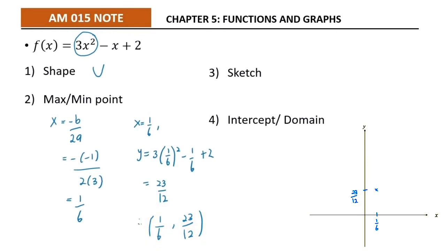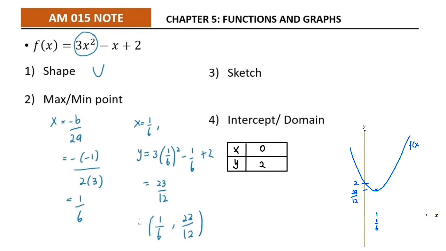So the graph won't cross the x axis, as it will be up here. Sketch the quadratic smile graph. Then we know it has a y intercept when x equals 0, y equals 2. And last, label the graph f(x).